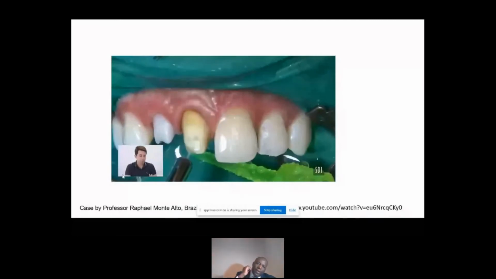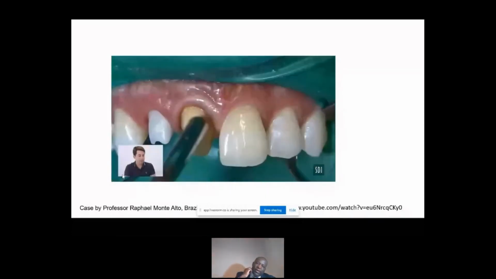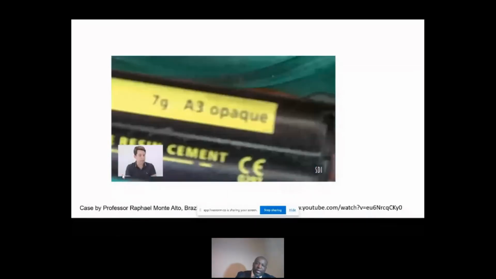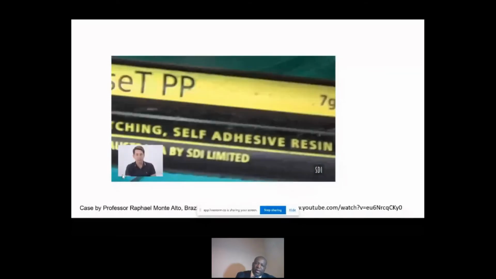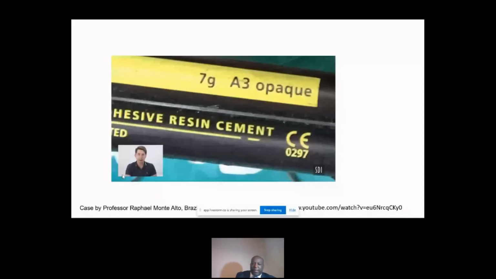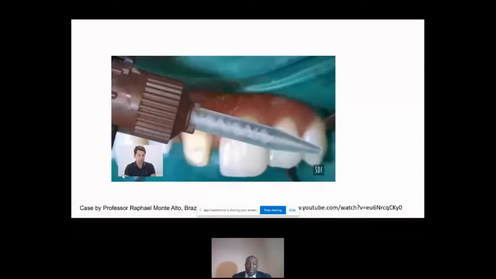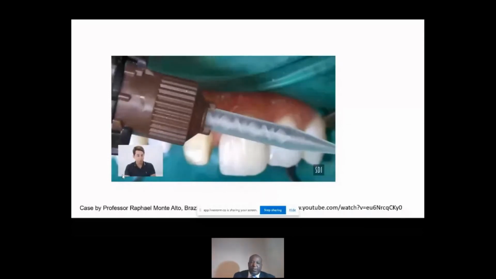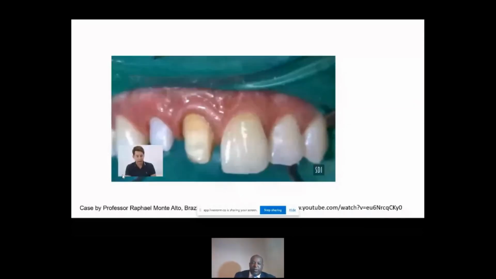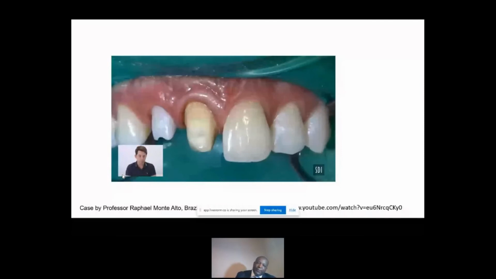And we said one of the benefits is that it has 5 shades. In this case, Professor Alto decided to use a 3, which is an opaque shade. We said with other cements available, for example, RelyX Unicem, it only comes in 1 shade, which is translucent, so you can't use it as an opaquer effect.